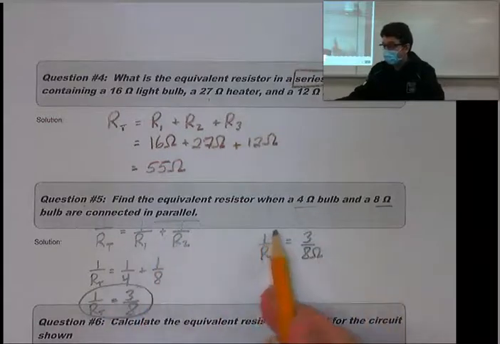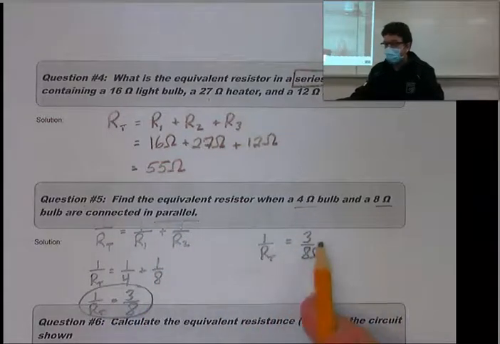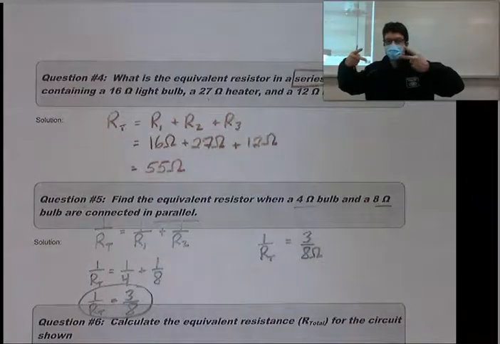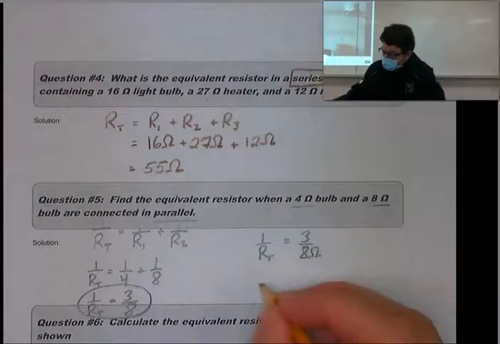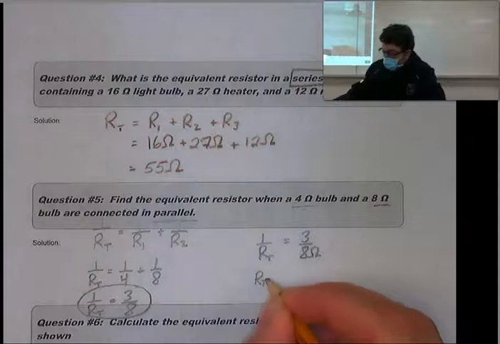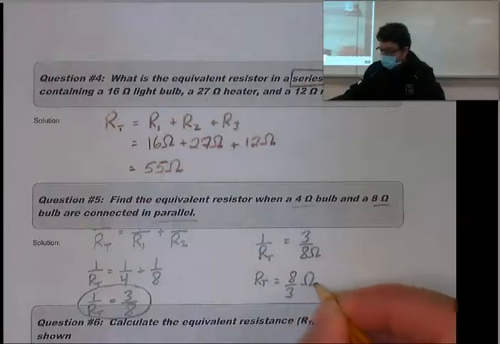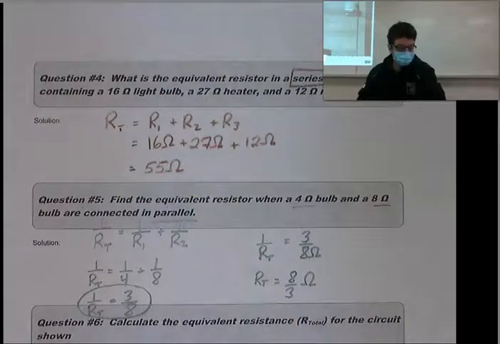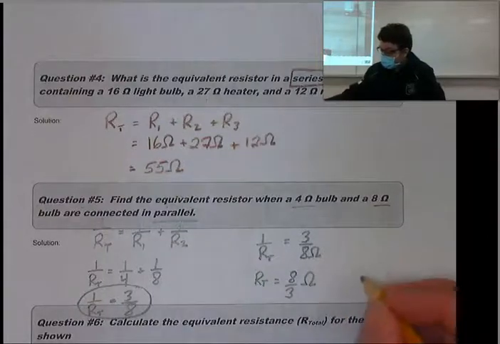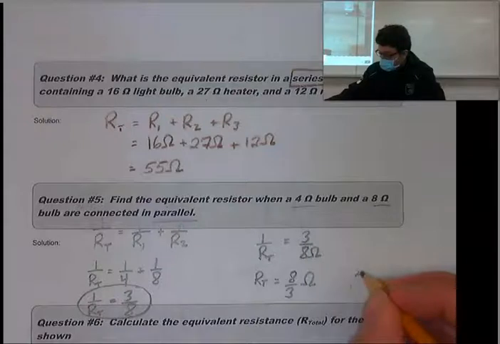But now we have one fraction equal to another fraction. You can simply take the reciprocal and flip them. So you would have RT over 1, which is just RT, equals 8 over 3 ohms. Notice that 8 over 3 ohms, if we were to write that as a mixed fraction, is 2 2/3 ohms.